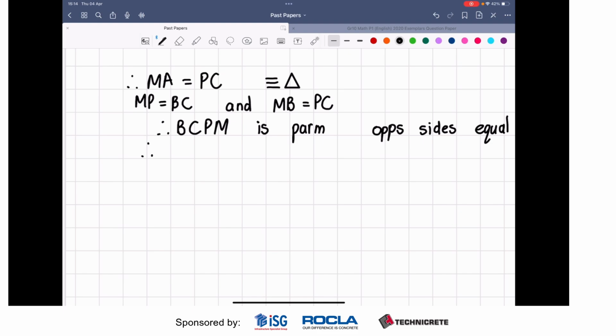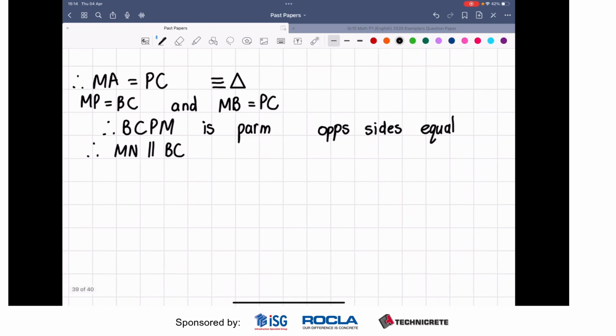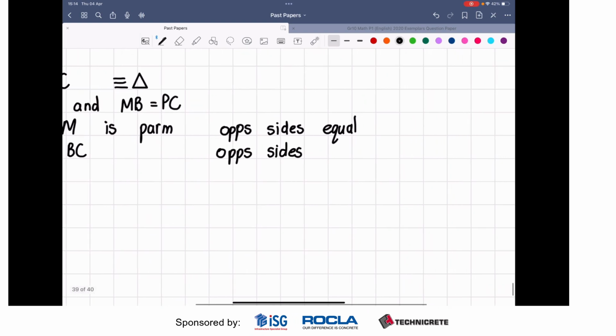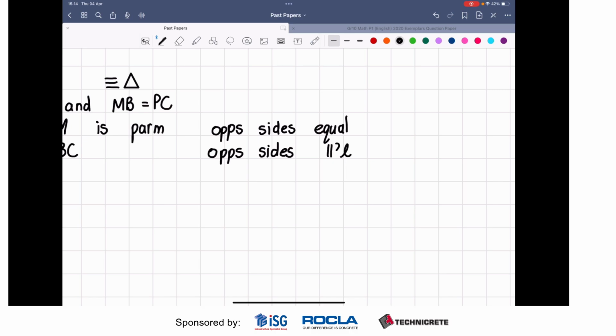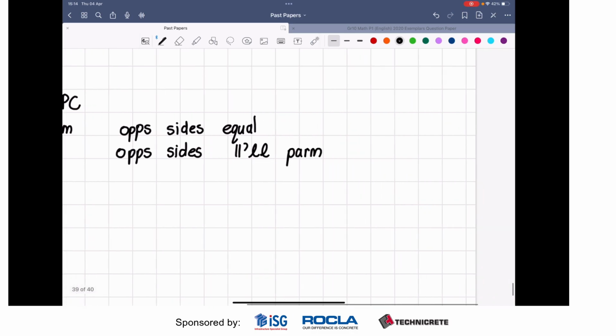And therefore, I can say that these opposite sides, MN and BC, are parallel. And that reason is: opposite sides parallel in parallelogram BCPM.